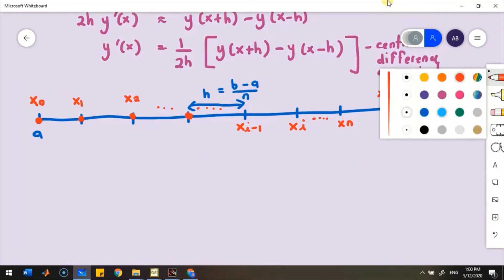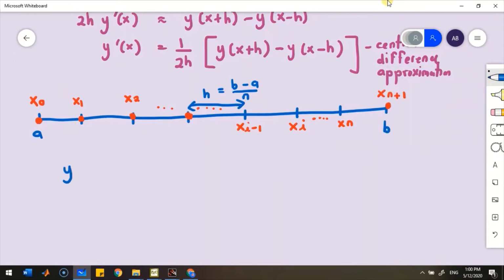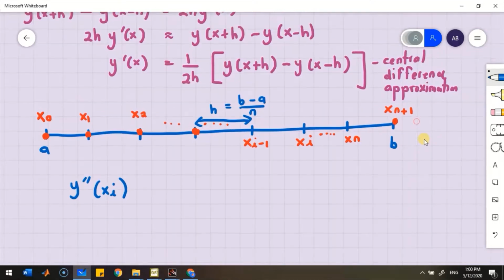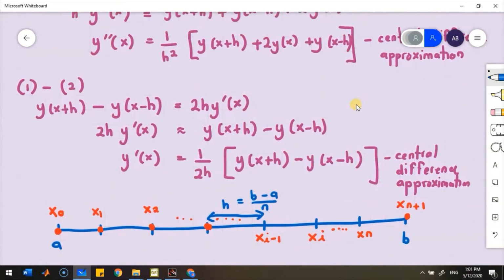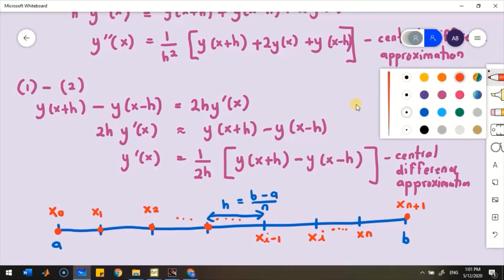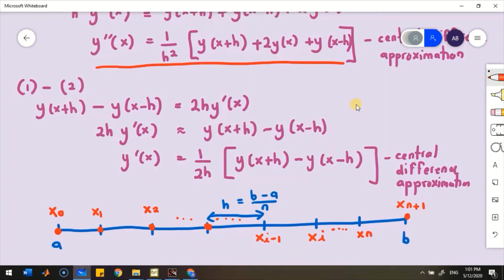So look at my second order equation here. We have y double prime xi. I'm looking at the second order approximation that I've written on this equation here. So x will become xi. Now x plus h, meaning from this value to this value, for instance, simply means xi plus 1.